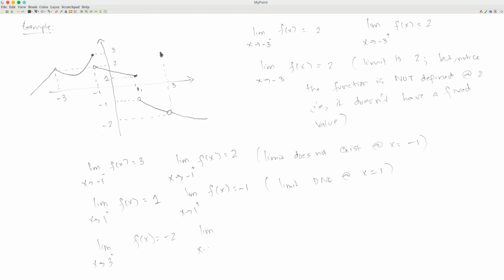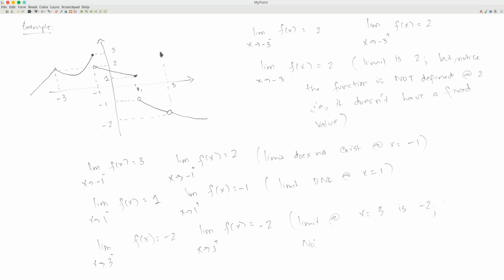As x approaches 3 from the right hand side, the limit of the function is still negative 2. So the right-sided limit and the left-sided limit are negative 2. So the limit at x is equal to 3 is negative 2.